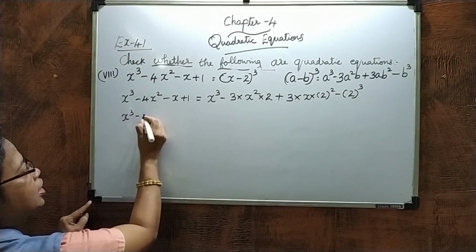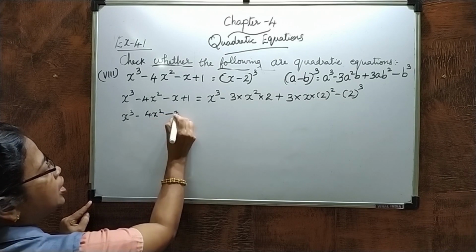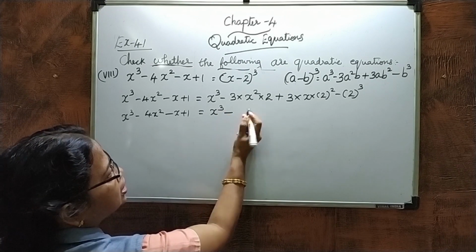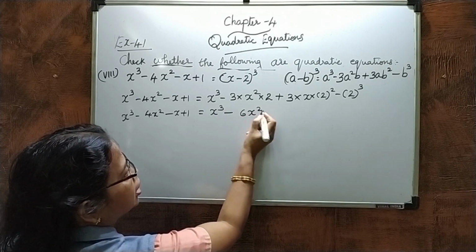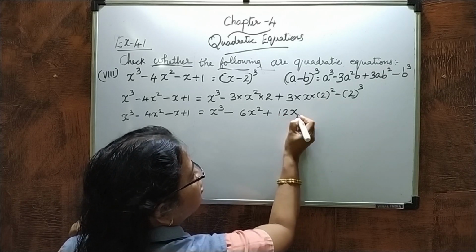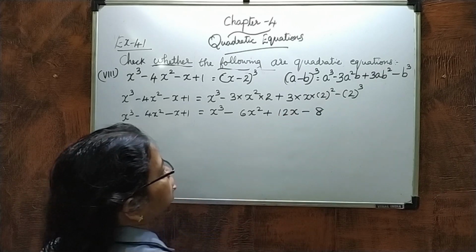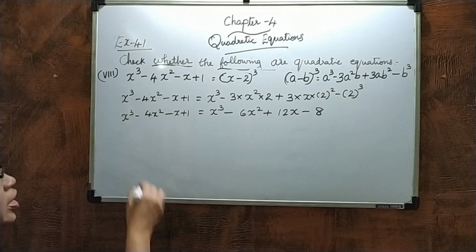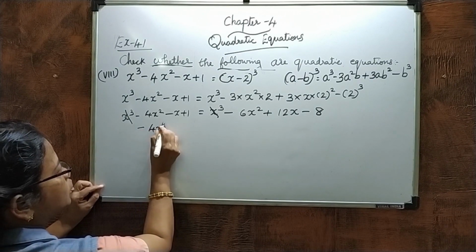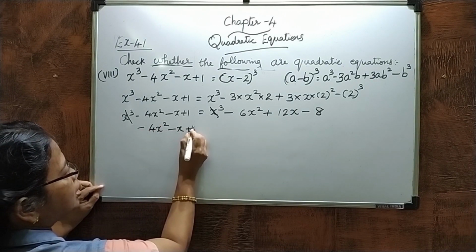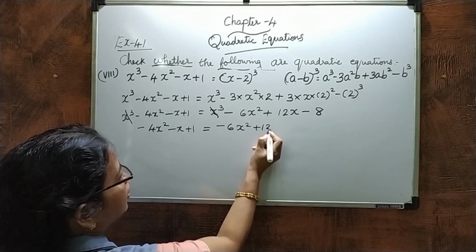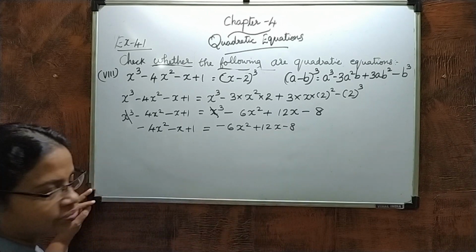X cube minus 4x square minus x plus 1 equals x cube minus 3 into 2, 6x square, plus 3 into 4, 12x, minus 2 cube is 8. Just find out everything is same. X cube is same. So it will be negative 4x square minus x plus 1 equals negative 6x square plus 12x minus 8.